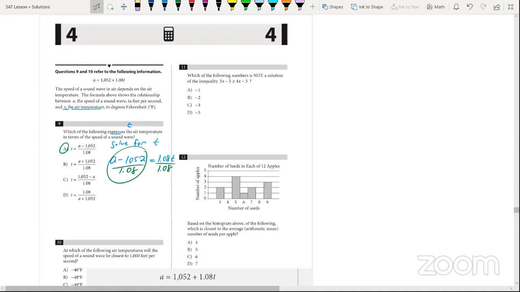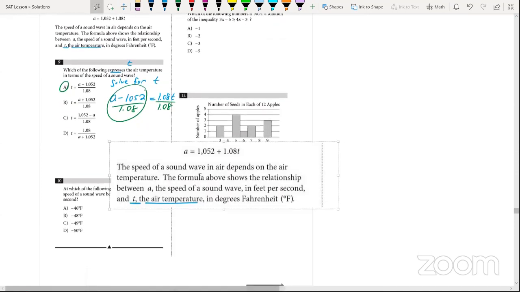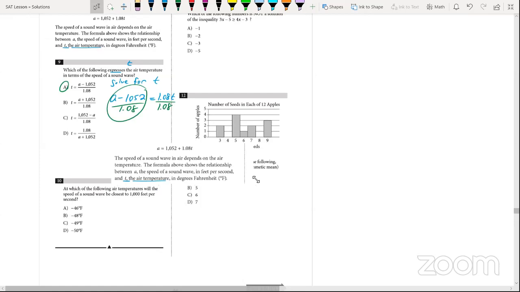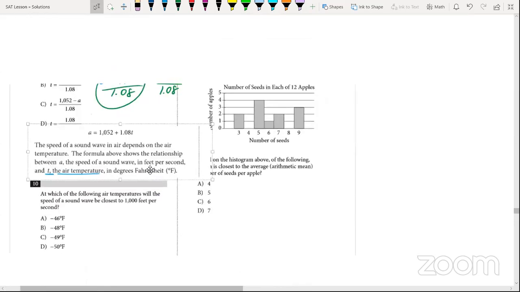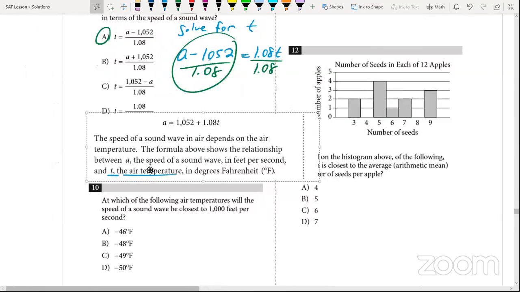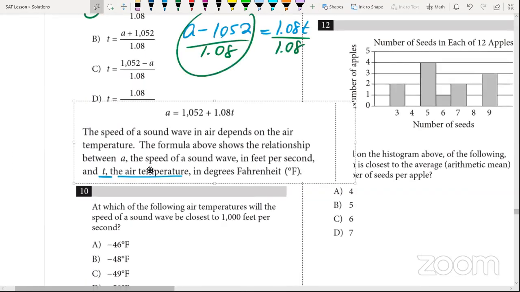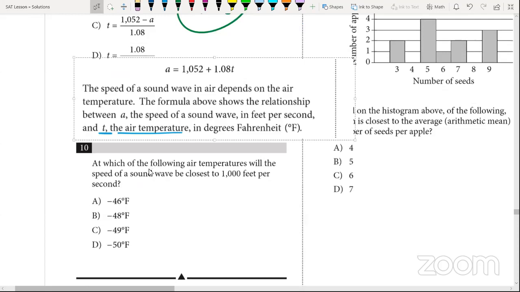So question number 10. At which of the following air temperatures will the speed of a sound wave be closest to 1,000 feet per second?